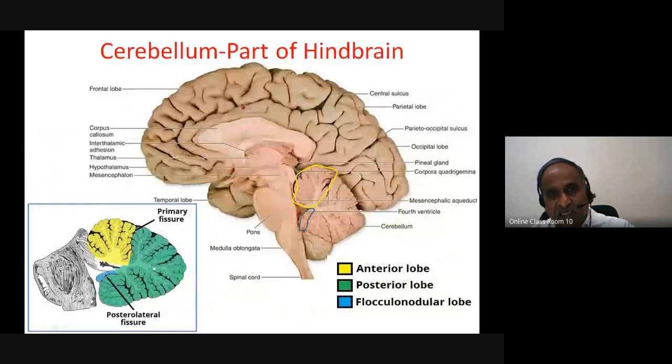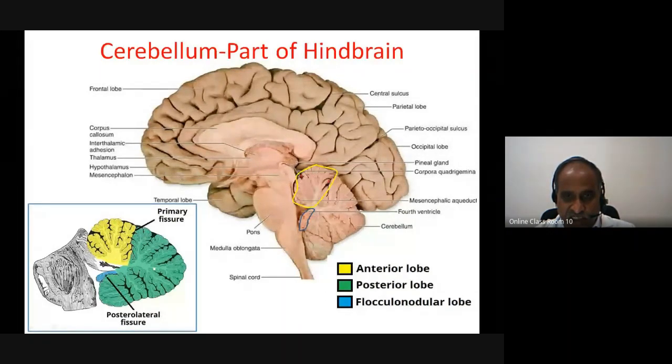Now, coming back to this main diagram, wherein this is the cerebellum. Now, this cerebellum is divided by the primary fissure. This is the primary fissure. And this yellow part is the anterior cerebellum.